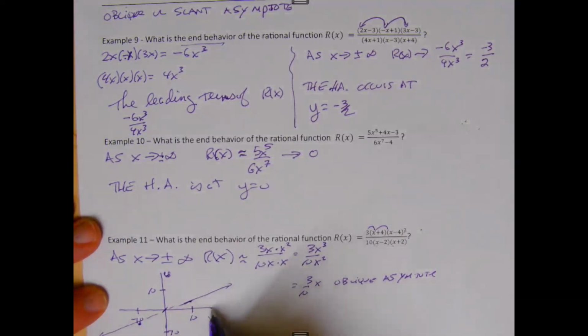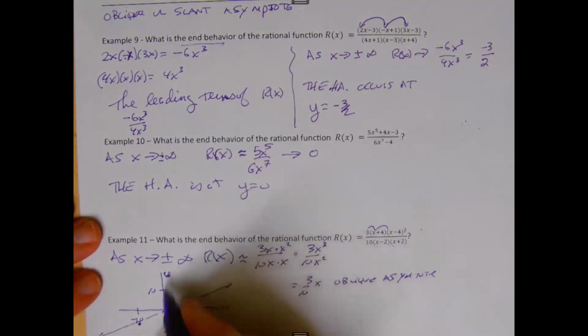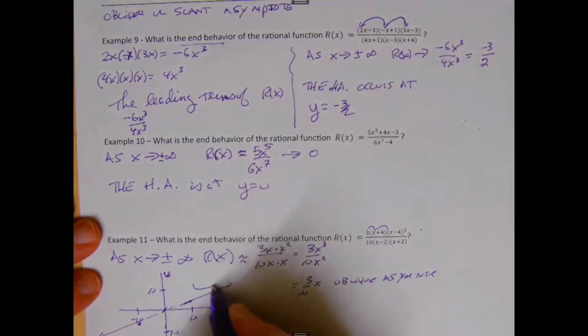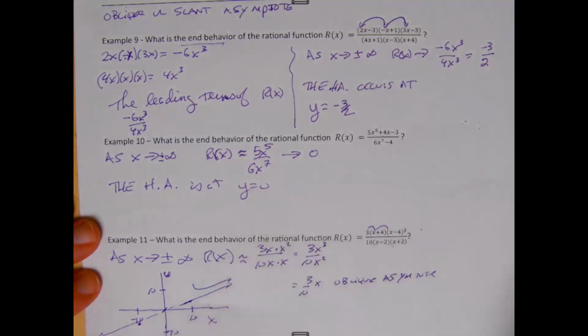So as x gets really, really big, or x gets really, really small, this graph looks like something, but eventually you're going to see that this thing is going to start either curving like this or maybe coming underneath. I just don't know what this thing looks like just yet, but I'm going to guess that maybe it looks something like this.